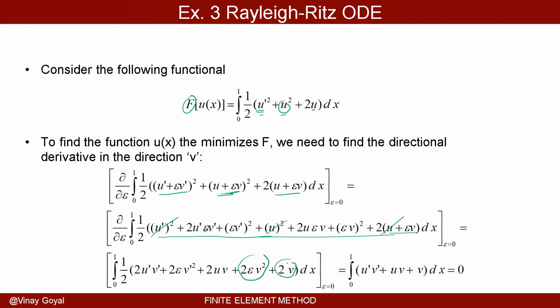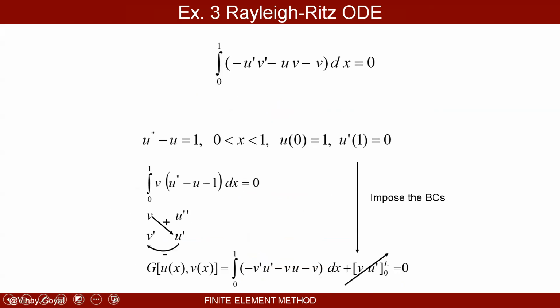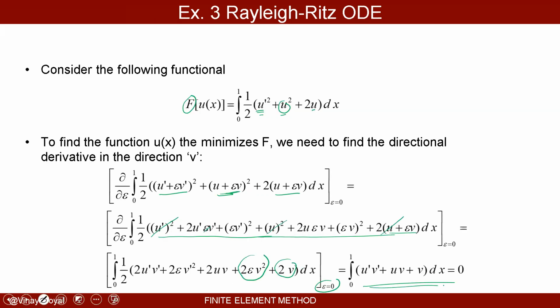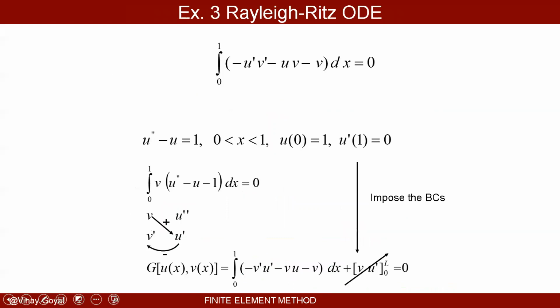Now set epsilon equal to 0, and you get this equation. That's how you do that step. And so this is what I get. And that's what you see here.